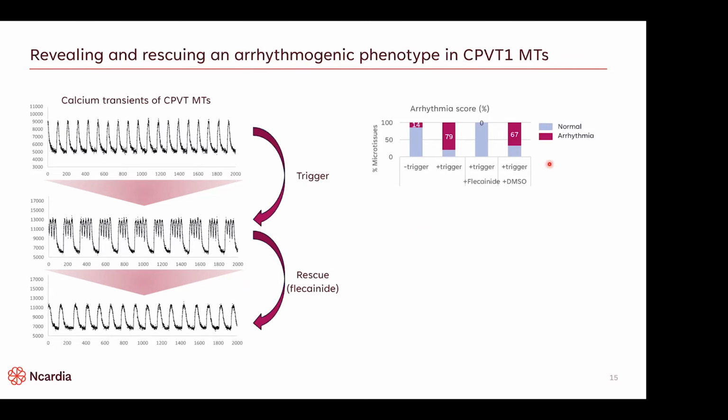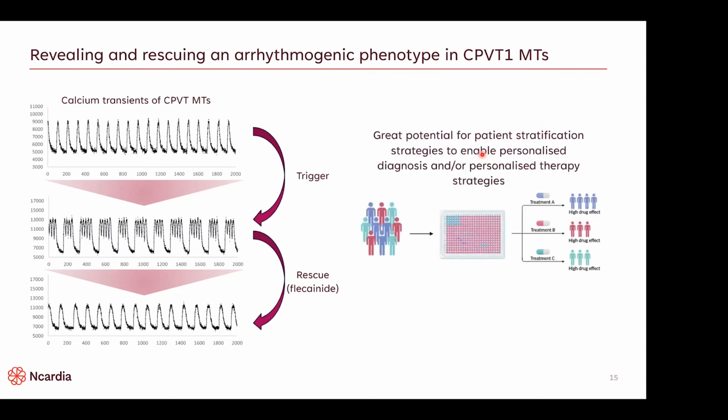First, I would like to show you the quantification of this study, where we really see that if we trigger these CPVT cardiac microtissues, we do see around 80% of the microtissues showing arrhythmia. And if we treat this with flecainide, we see that all the arrhythmic events disappeared. And I just briefly mentioned that we don't see this with every patient.